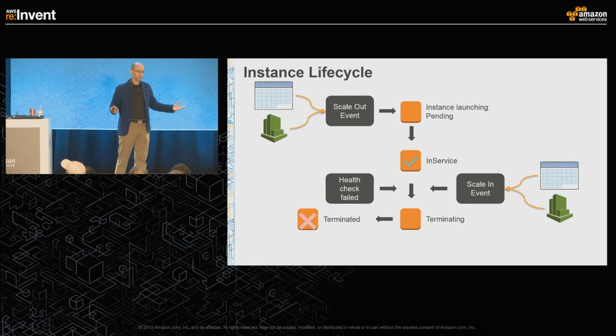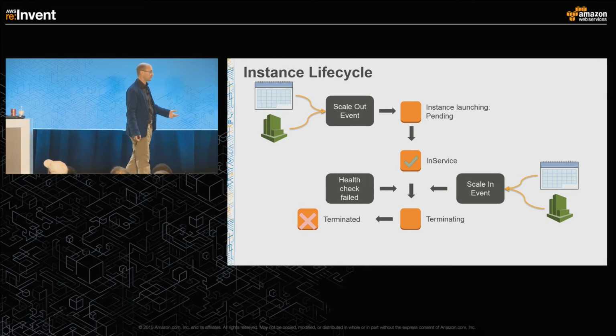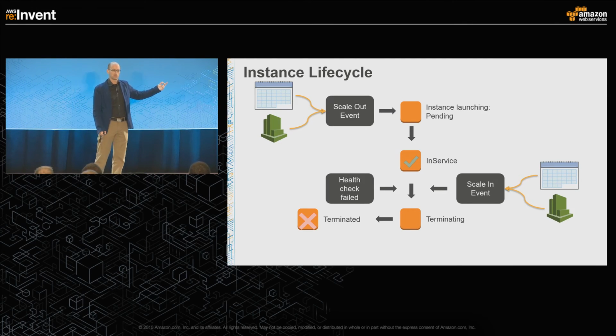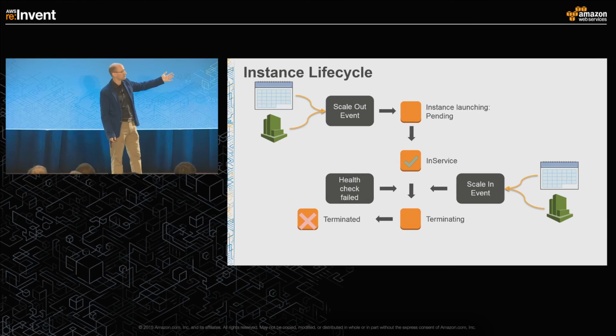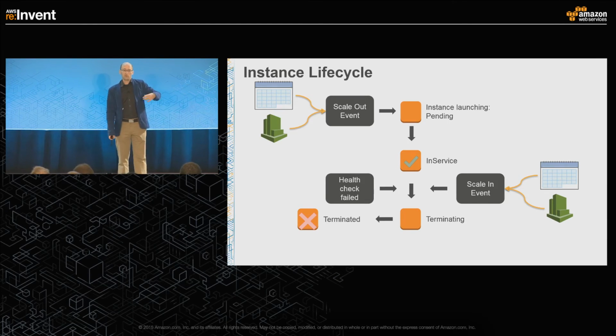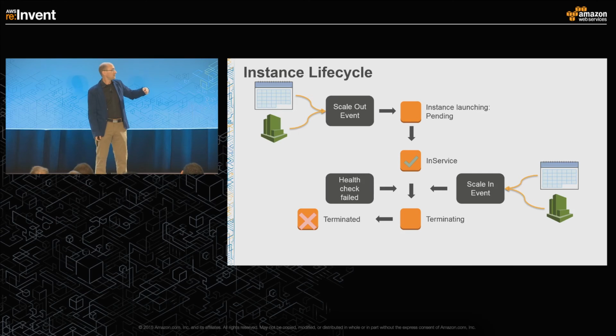So basically you have a group that's humming along. You have instances inside that group that are running. Then some kind of scale out event occurs, whether that's triggered by CloudWatch or triggered on a schedule. It means that the auto-scaling group will be told, okay, you need to launch additional capacity. When that happens, it creates a new instance that's in pending state, right?